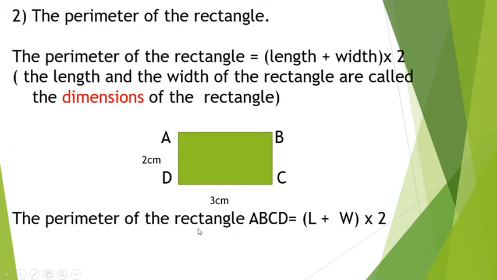Then the perimeter of rectangle equal length plus width by 2. Then the perimeter equal 2 plus 3 equal 5. 5 by 2 equal 10. We first add the length and the width, then the perimeter of rectangle equal 2 plus 3, 5. 5 by 2 equal 10 centimeters.